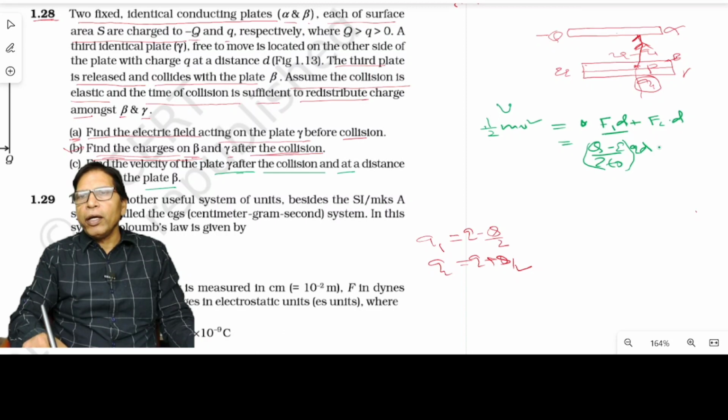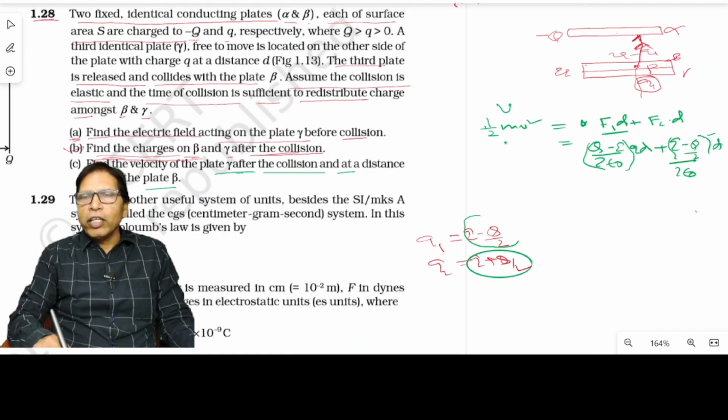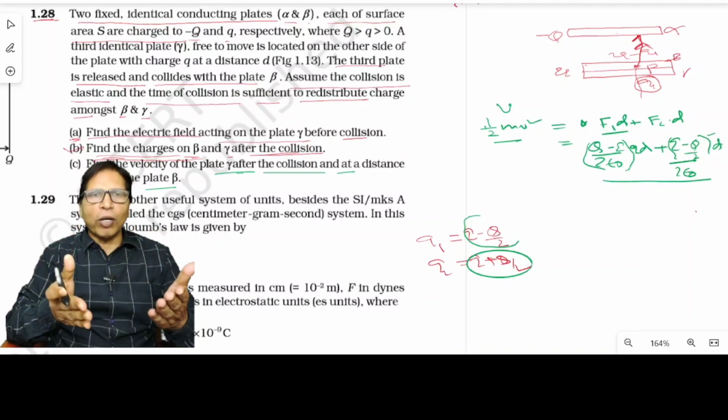Now during the reverse journey the field becomes q minus q by 2, so (q minus q by 2) divided by 2 epsilon naught into the charge on it. Now the charge becomes (q minus q by 2) whole square, into d. Now simplifying this equation, we can calculate the velocity of the plate.